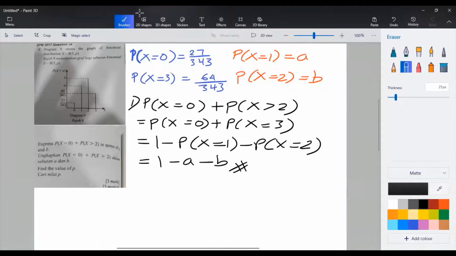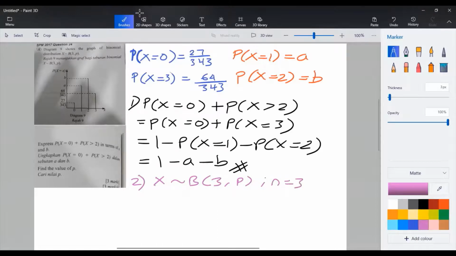Okay, so based on these two equations only, you can find it. So for number 2 here, we have x is a binomial for 3 and p, where n equals 3. Okay, r is given, these two.